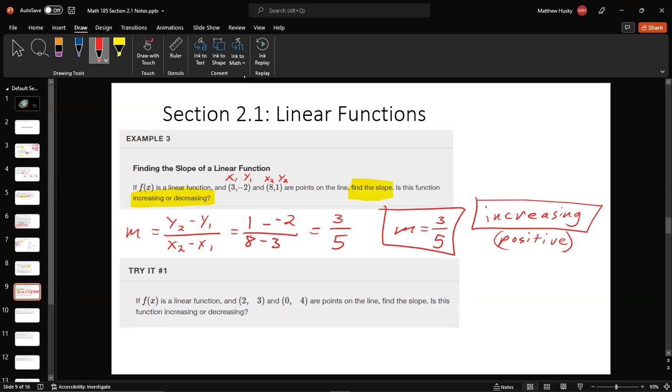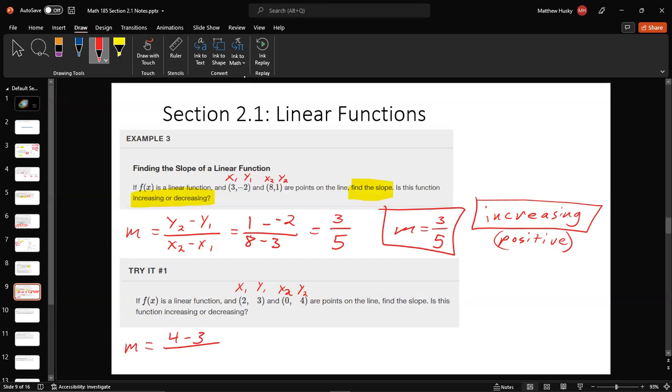What else do we have? Here's another one. We've got (2, 3), so this is x1, y1, and (0, 4), that's x2, y2. Find the slope. We're going to do much the same as what we just did. Second minus first, 4 minus 3.